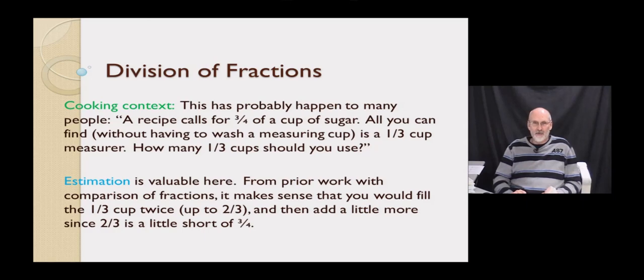And you might argue that if I do it twice, it's only a little bit short of 3/4, because 2/3 is just a little bit away from 3/4, and so I'm going to put a little bit more in the last time. So estimation is really important, at least to check at the end to make sure that you've got an answer in the real world that matches your estimation.